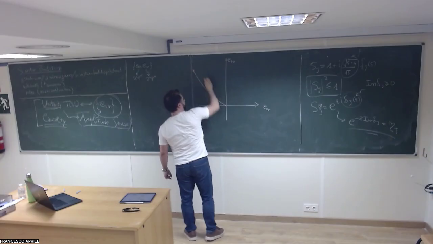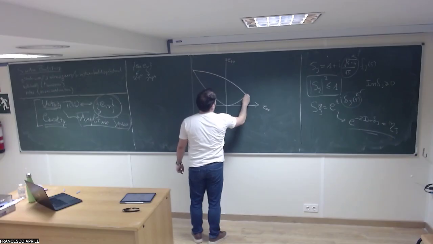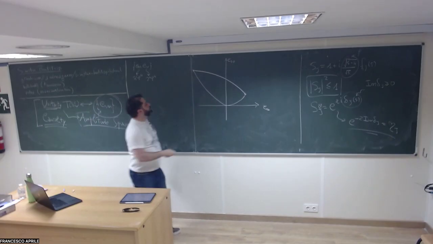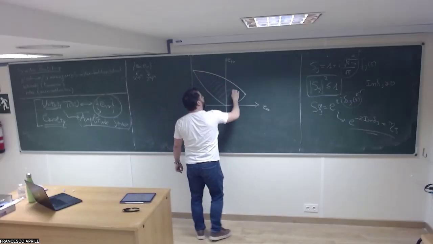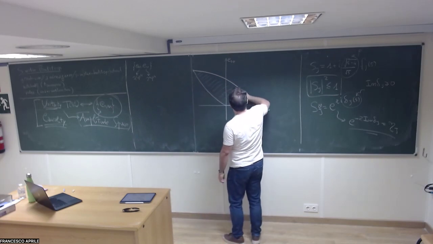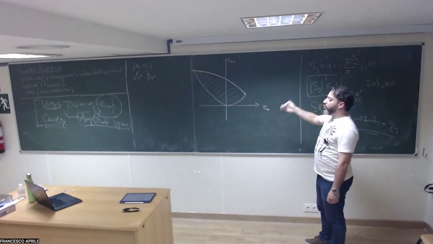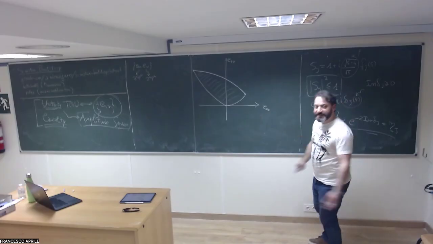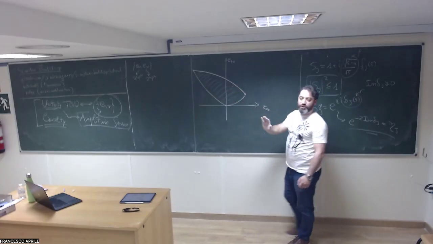So there is some part here, there is some part here, and then it connects like this. And what is contained here? This is the full amplitude space. So all four-dimensional non-perturbative scattering amplitudes of 2 to 2 identical scalars will be contained inside this region.